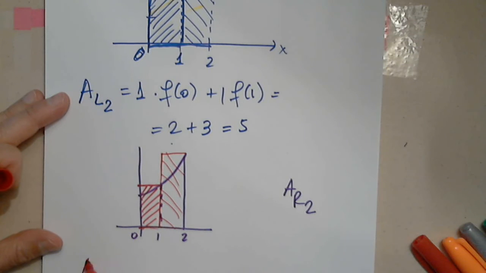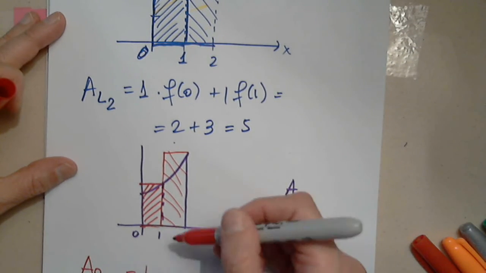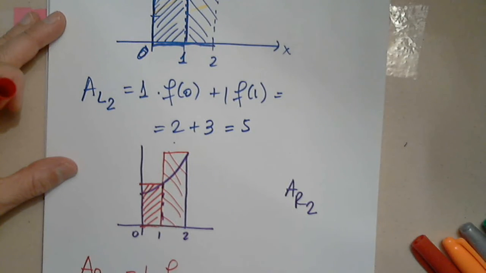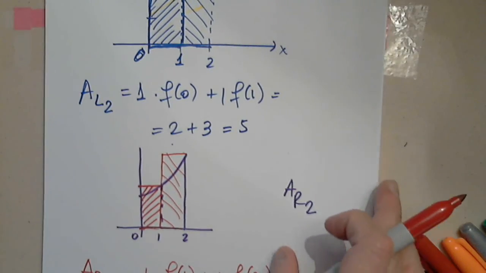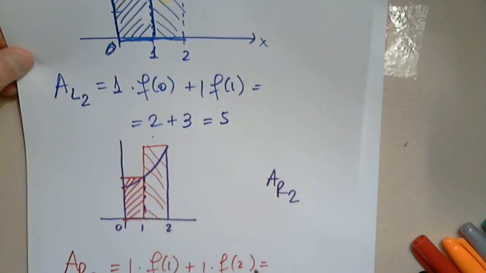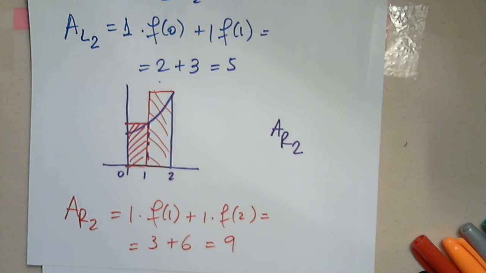Then AR2 will be base 1 times height f of 1, plus base times height f of 2. Well, f of 1 is 3, times 1 is 3, plus f of 2 is 4 plus 2 is 6, times 1. So this is 9.